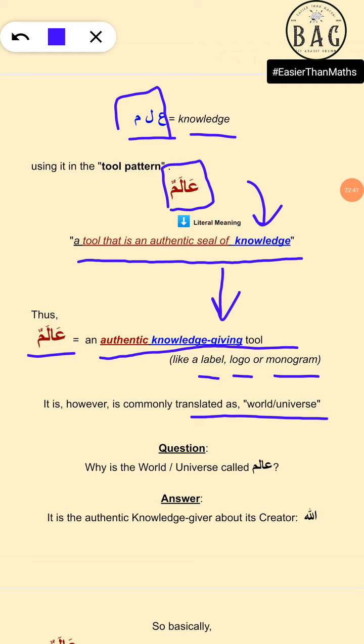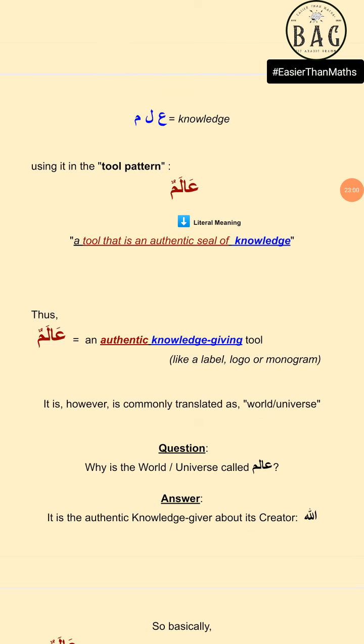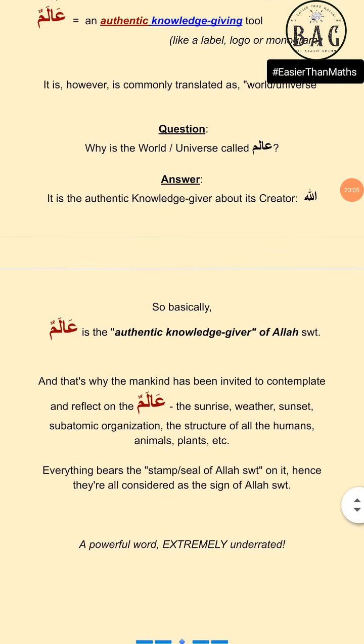So my answer in light of this translation is that the alam is the authentic knowledge giver about its creator, who of course is Allah subhanahu wa ta'ala. Basically the alam is an authentic knowledge giver about Allah subhanahu wa ta'ala. Now let that sink in. We started with the three root letters of Ain, Lam, Mim, which means knowledge.